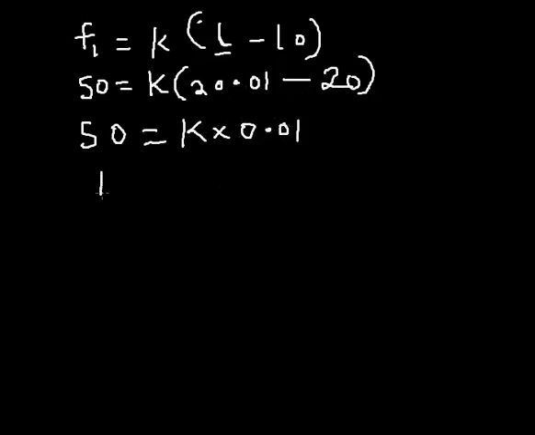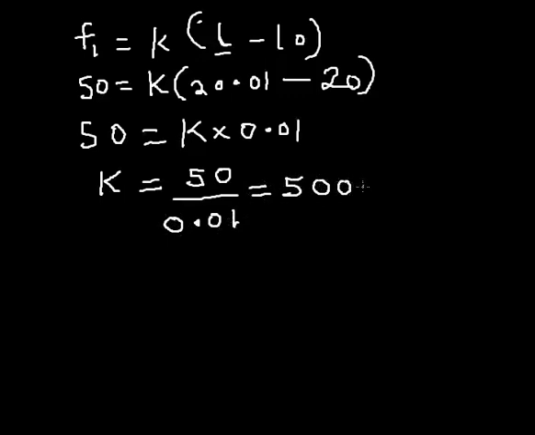That simply means that my force constant, the first thing you need to get, is always your force constant. Force constant is the first thing you need to get before you can get any other thing. So that's going to be 50 divided by 0.01, which is 500 Newton per meter. So I have now gotten the force constant.